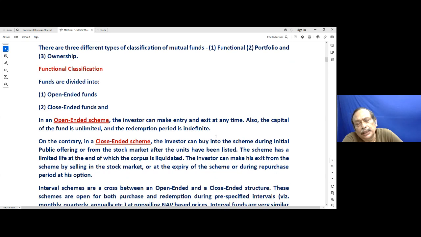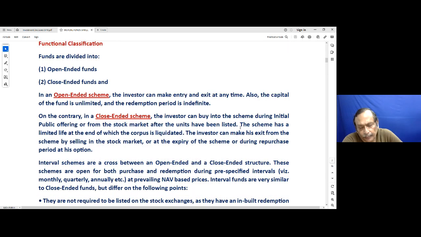So in functional classification, we have open-ended funds and closed-ended funds. In an open-ended scheme, the investor can make entry and exit at any time. Also, the capital of the fund is unlimited and the redemption period is indefinite.